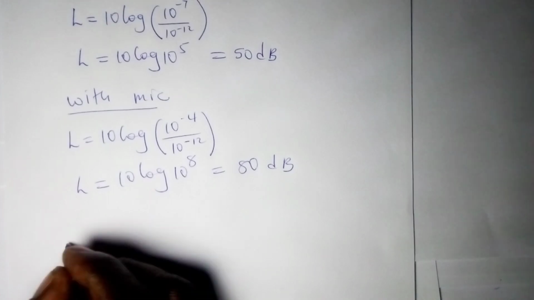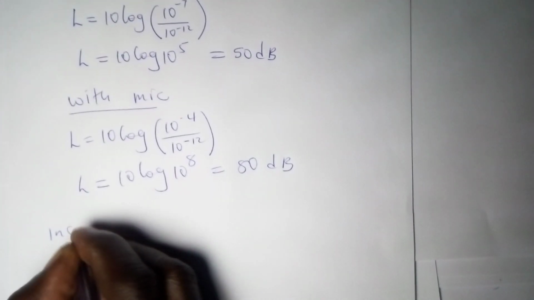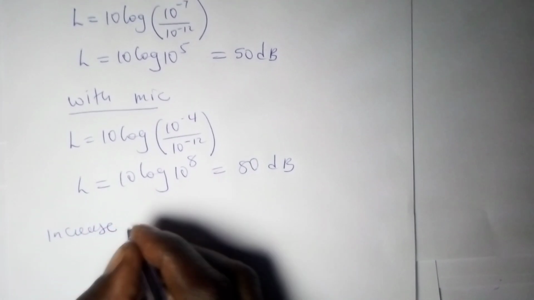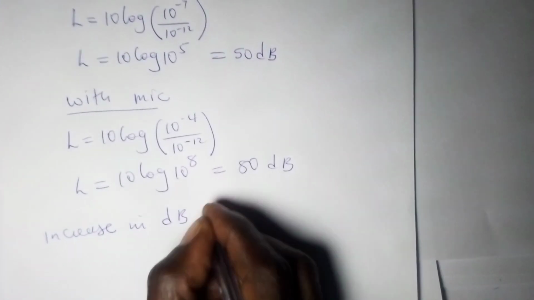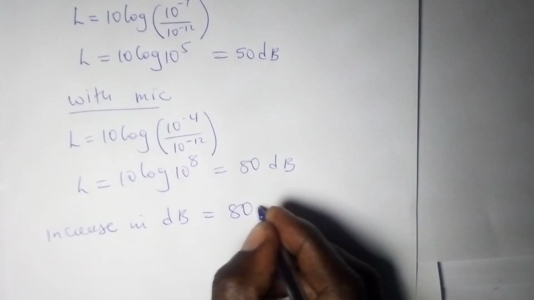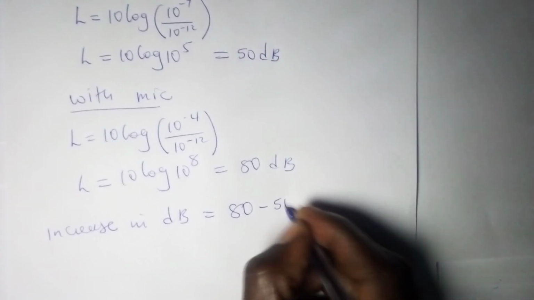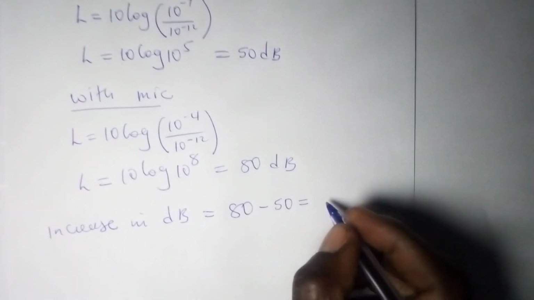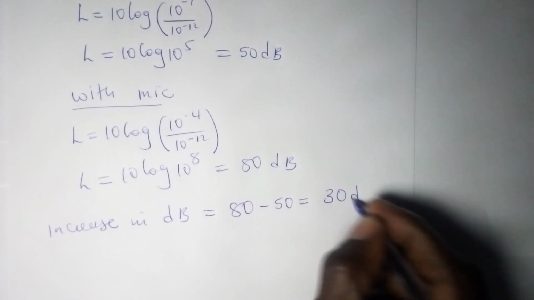So we have the increase in decibels. It's going to be the 80 with a microphone minus 50 without a microphone, which will give us 30 dB.